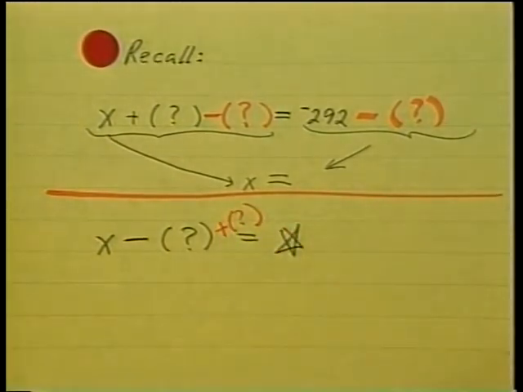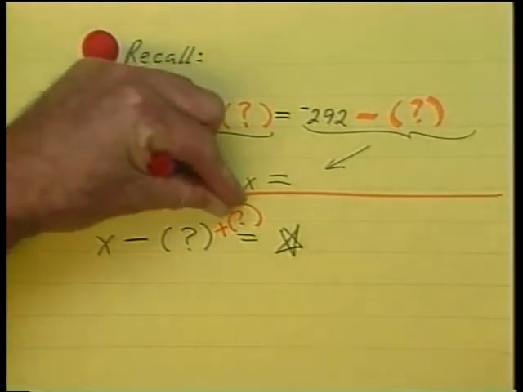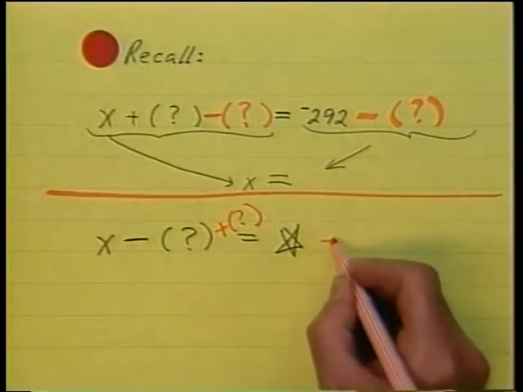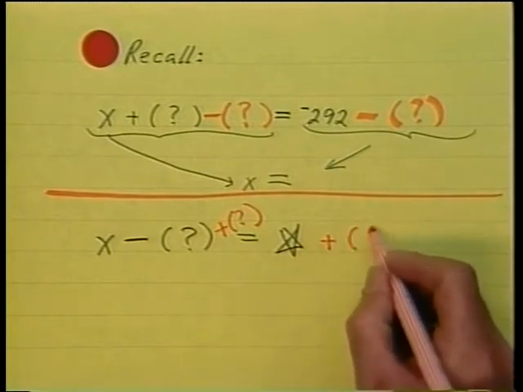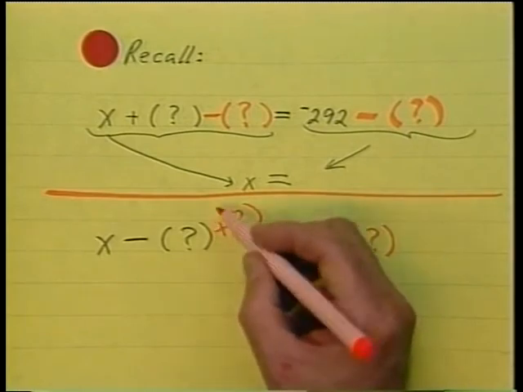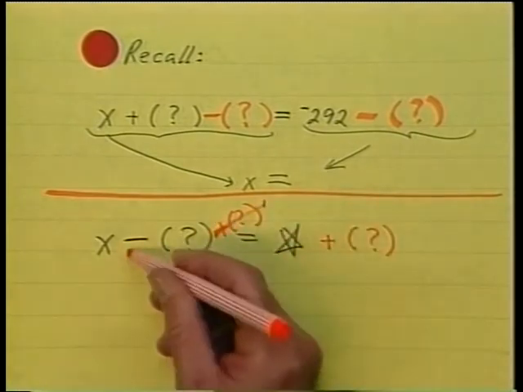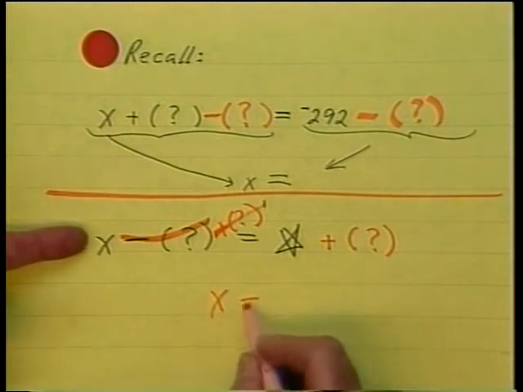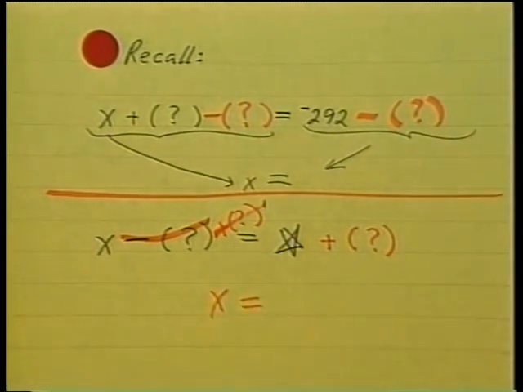But then the game playing rule says, fine, add anything you want to this side, but simply remember to add the same amount to the other side. So adding something undoes subtracting the same amount, reducing me to my single variable.